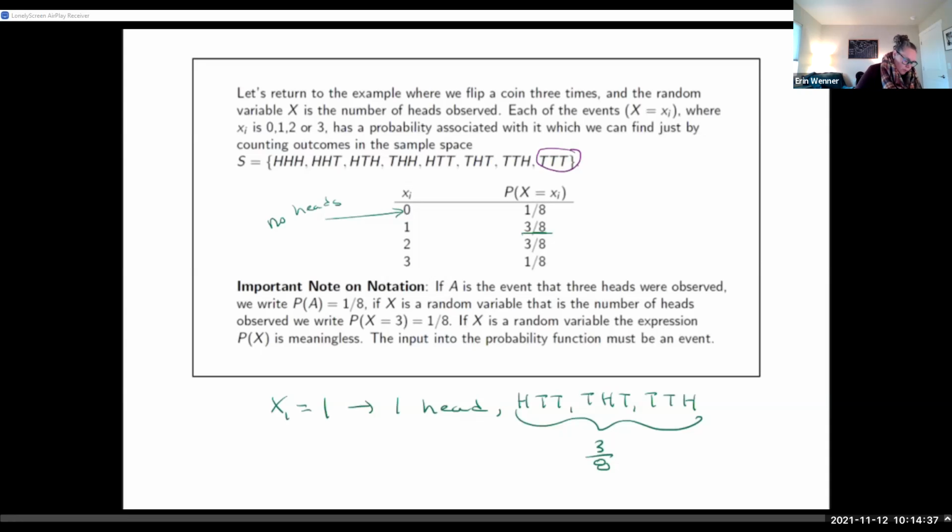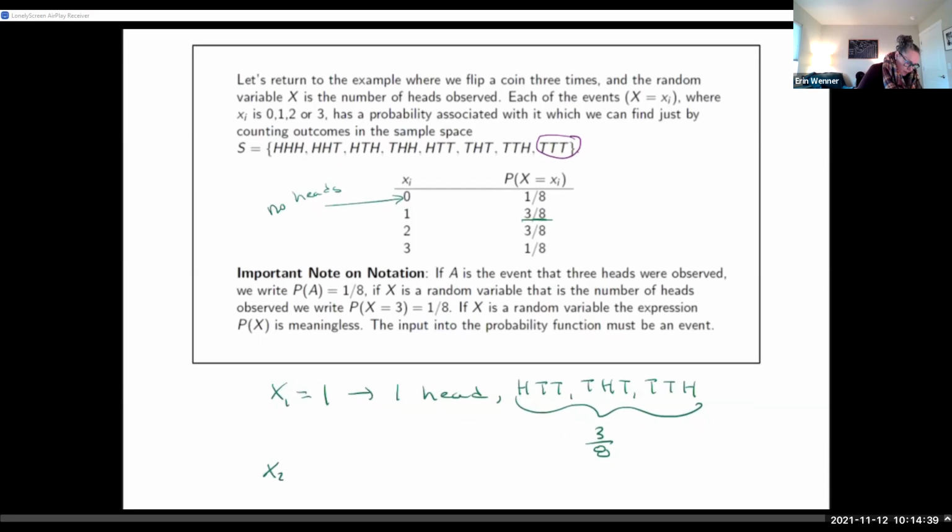Xi equaling 2. That's 2 heads. And if we think about that, that's going to be head, head, tail, head, tail, head, and tail, head, head. There are 3 of those again out of the total 8. So again, that's why we end up with a probability of 3/8 of getting it.